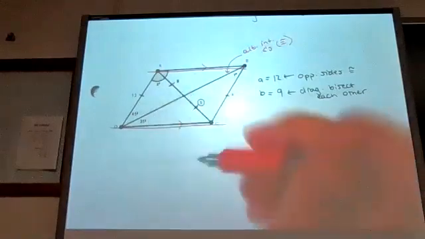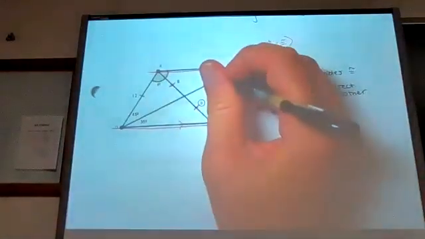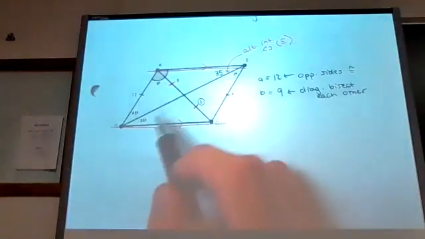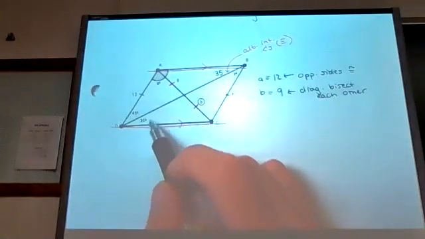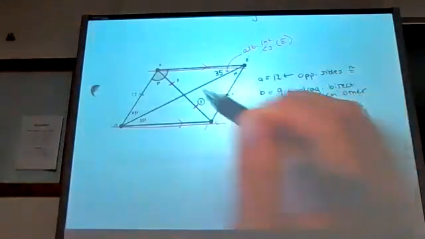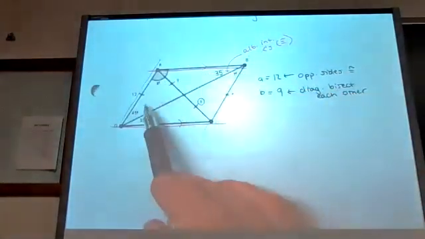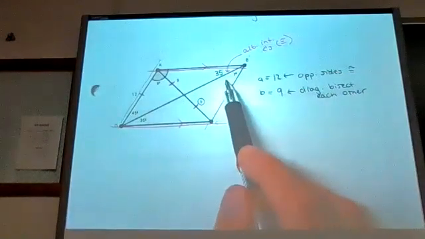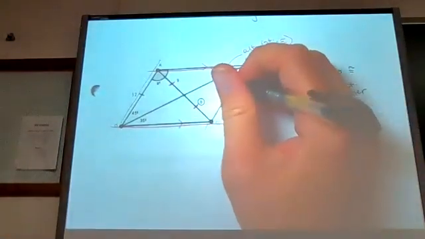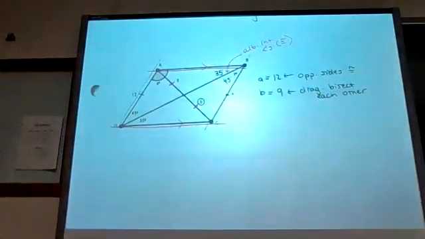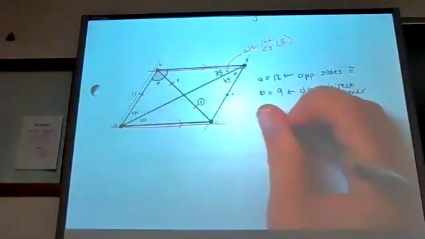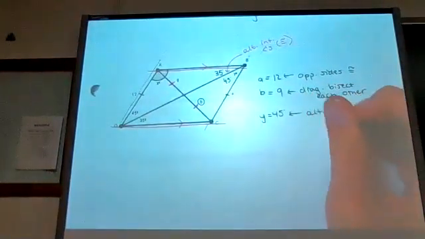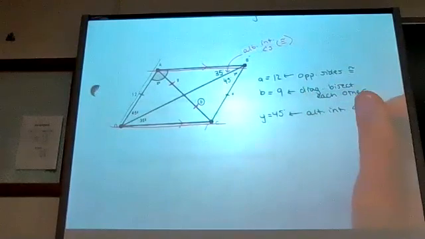If this is 35, then this angle is 35 degrees because they are alternate interior angles. Same idea to find Y. If this is 45, then this is 45. So Y equals 45 degrees, which we got with alternate interior angles.